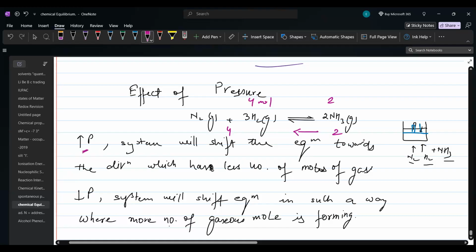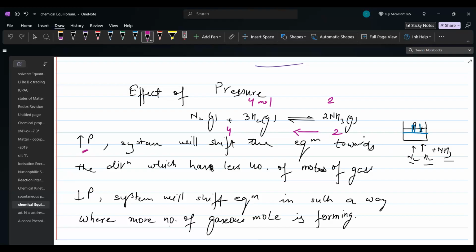The system will act in such a way that it will decrease the pressure of the system. Got it, everybody? Yes, sir.